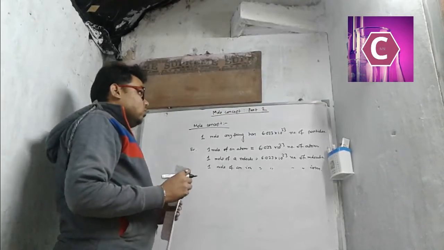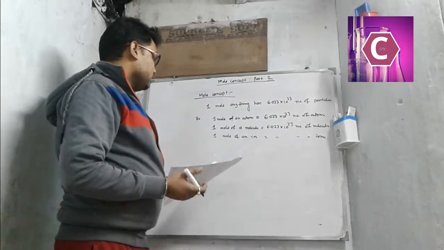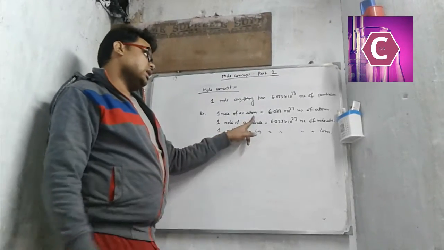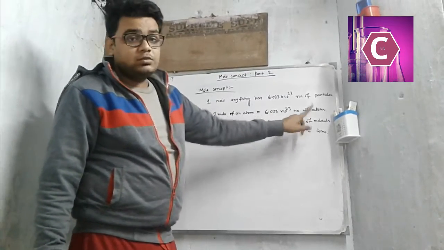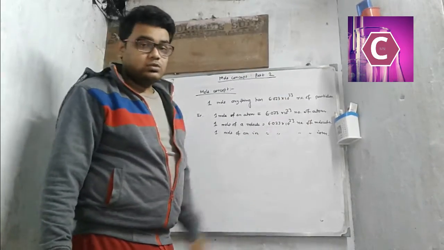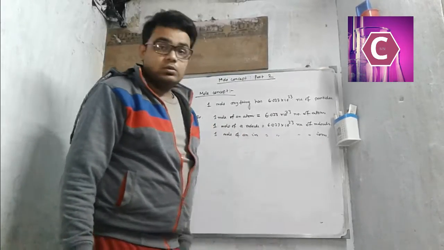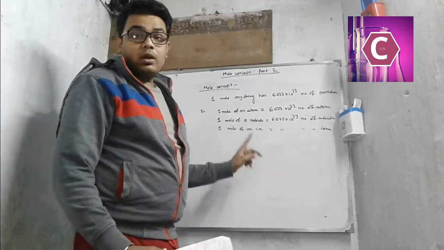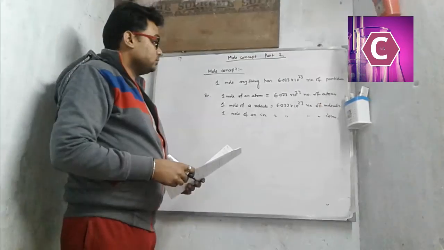Basically we know 1 dozen banana is equal to 12 banana. In the same way, 1 mole atom has 6.023 into 10 to the power 23 atoms, or Avogadro number of atoms. 1 mole molecule has Avogadro number of molecules, and 1 mole ion has Avogadro number of ions.